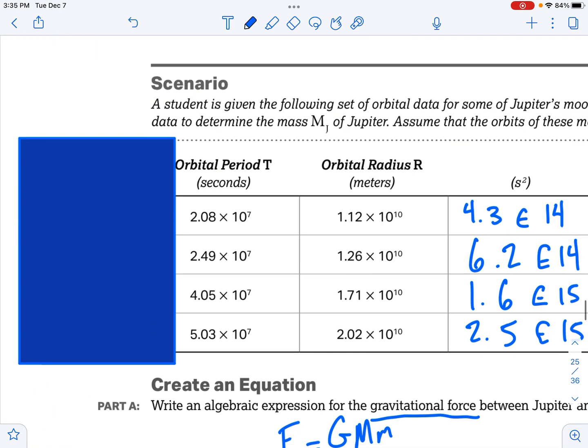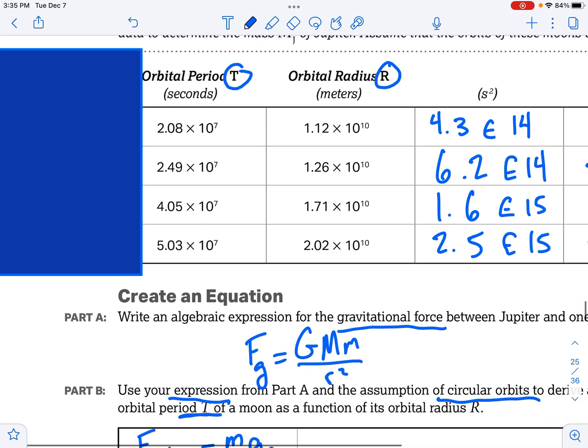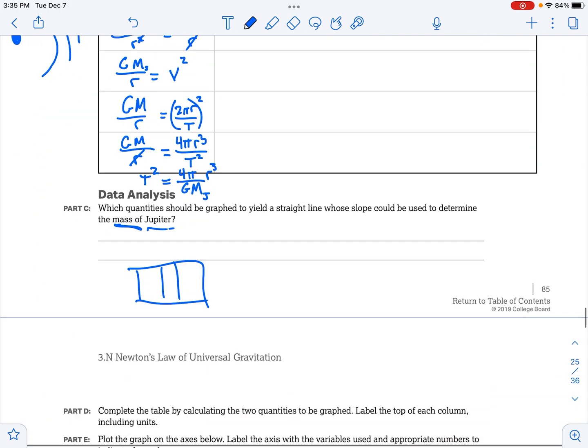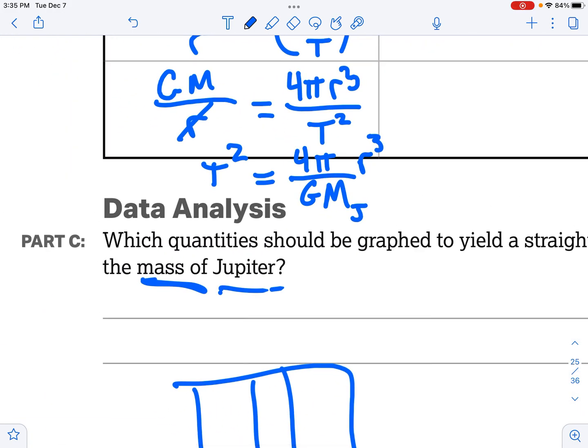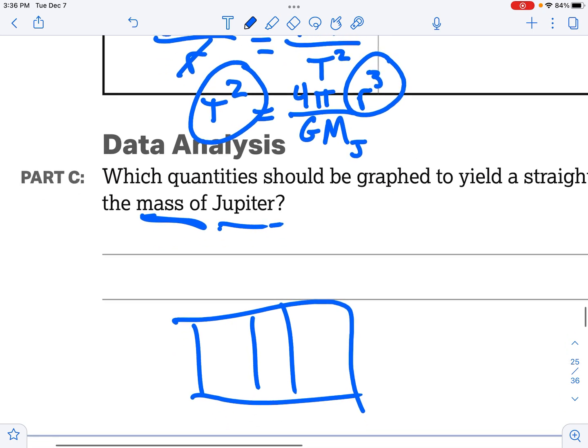They gave us information about period. They gave us information about radius. Therefore, I want to use the period and I want to use the radius somehow. So I'm going to graph T squared and r cubed, but the question is, where should I graph them?